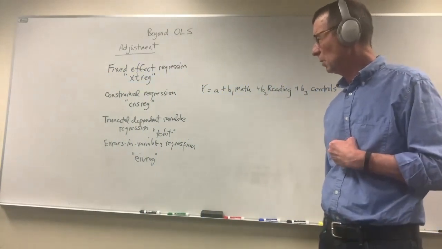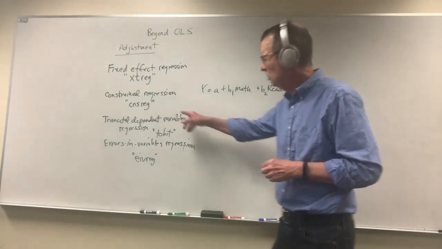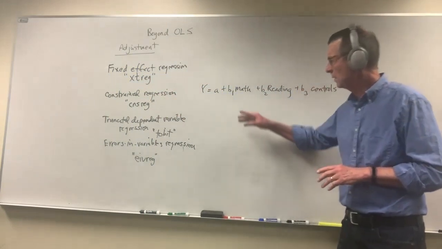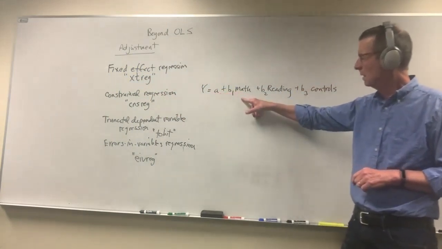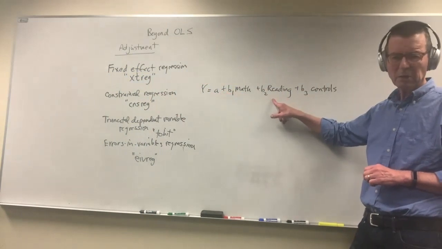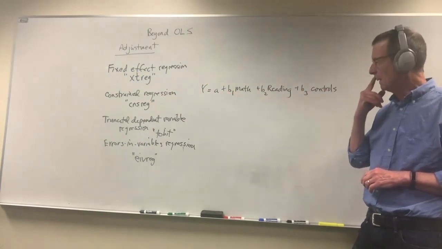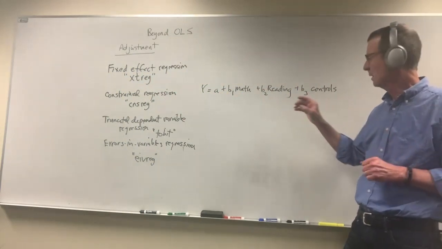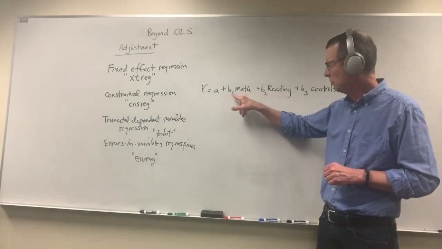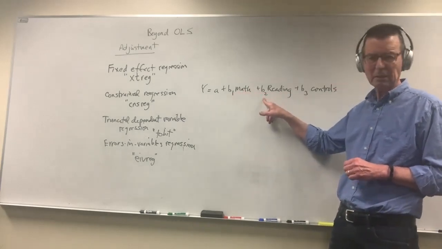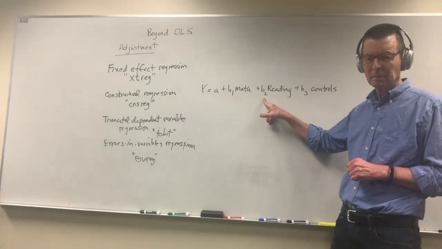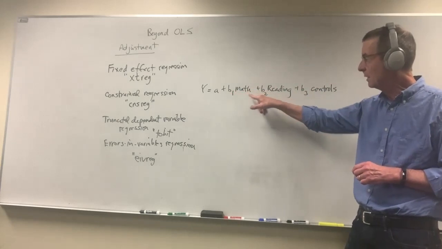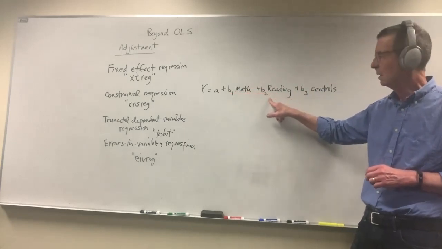So let's keep going. Stata allows you to estimate a constrained regression. Now, let's say that you're relating some outcome to math achievement and reading achievement plus a bunch of controls. And furthermore, let's say for some reason, you want to constrain these two coefficients to be identical, and then get a best fitting model with this constraint that B1 equals B2.